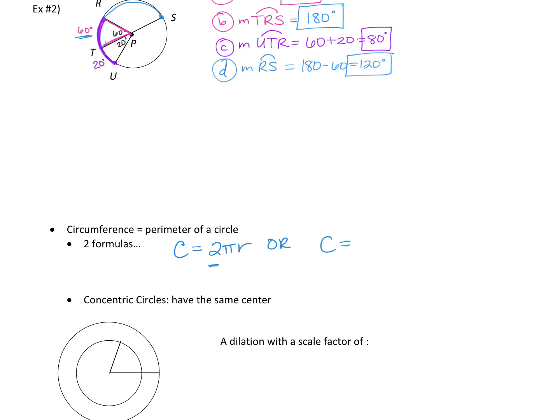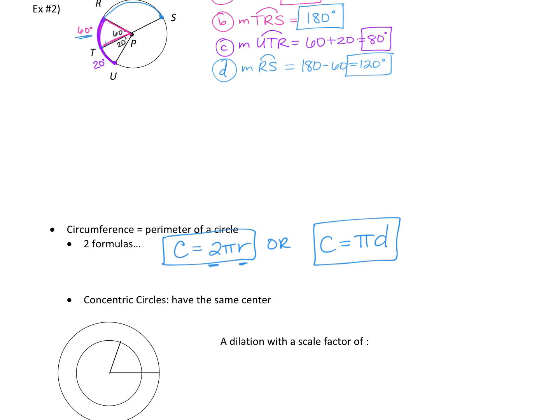If you double a radius, you get a what? Diameter. Okay, so the other one is pi times the diameter. I don't care which formula you use. It's kind of a matter of how you prefer to think about it. But those are the formulas for finding circumference of a circle.